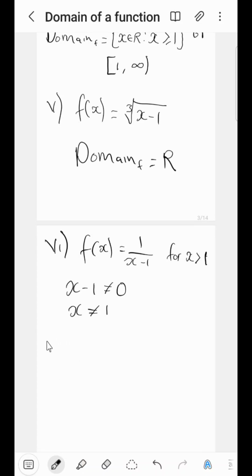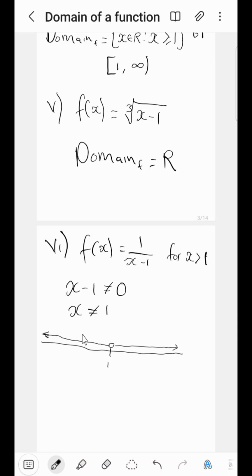If we are showing it on the real line, we can show it like this. This is 1, and it can be like this to there. So meaning x can be any value but not 1.